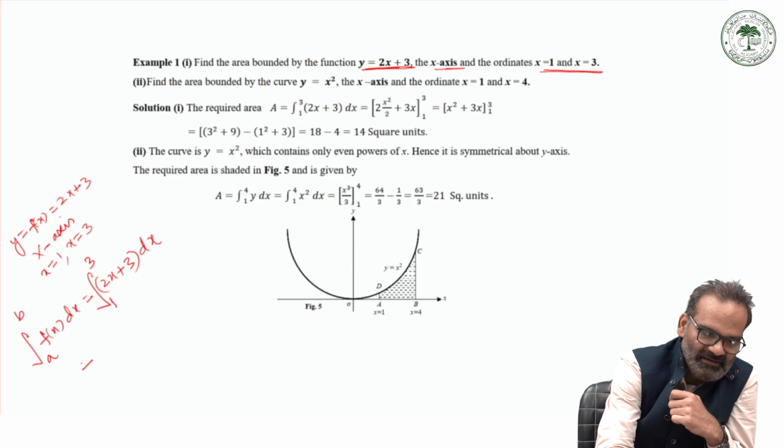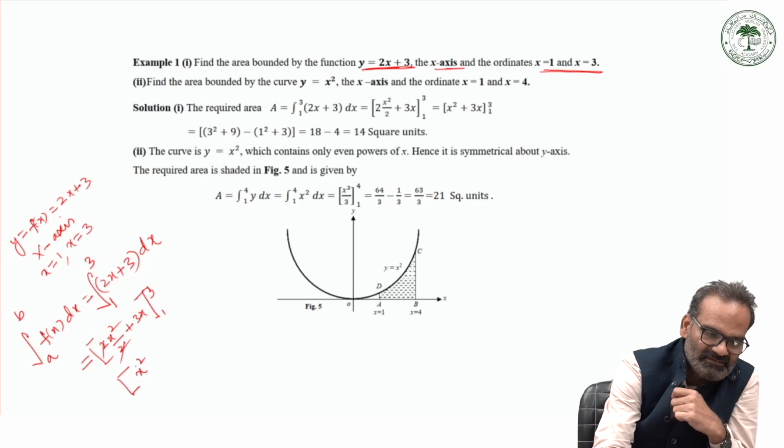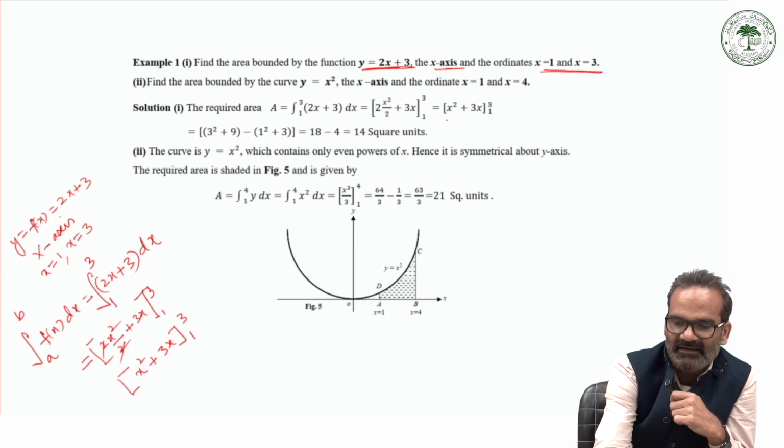So naturally this is what? 2x square by 2 plus 3x from 1 to 3, right? 2 and 2 will cancel out. What is left? x square plus 3x from 1 to 3, right? We are getting the same thing.